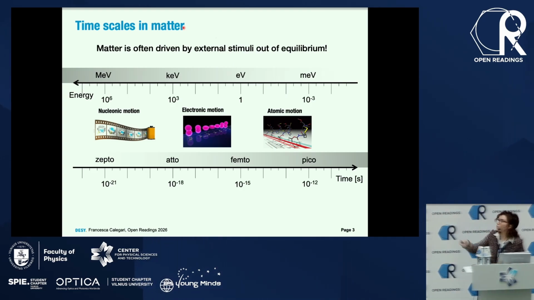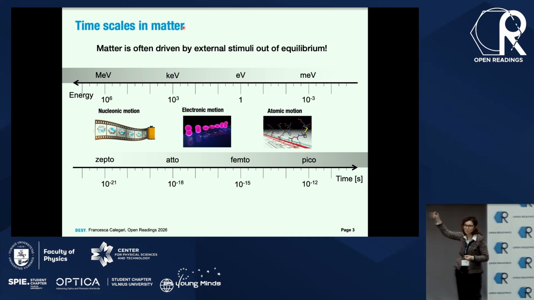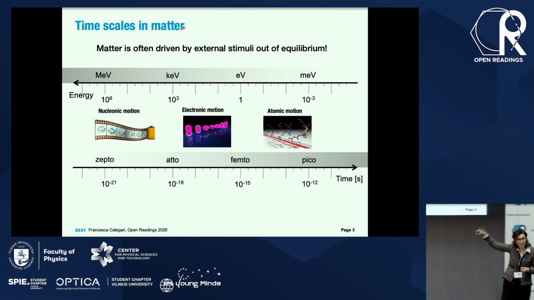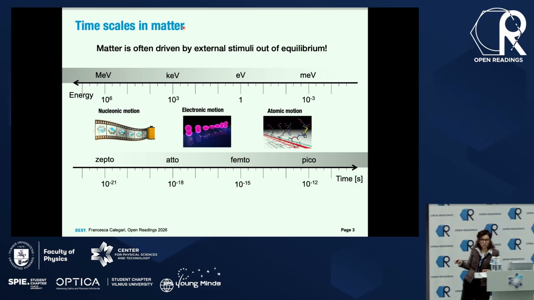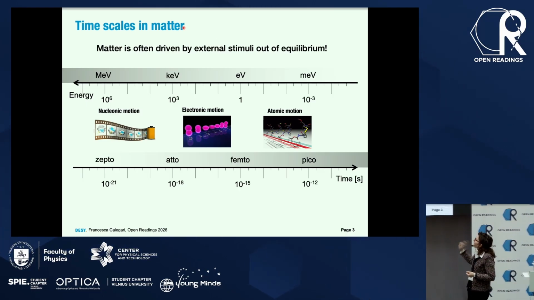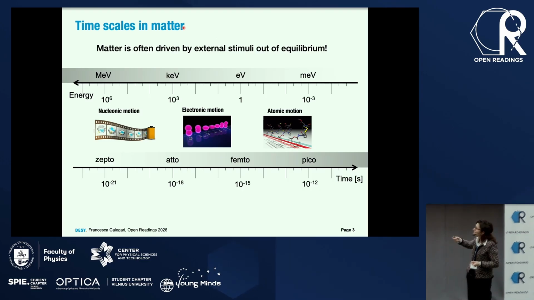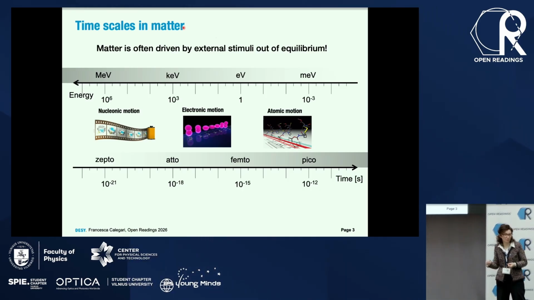So, of course, if you would zoom even more in matter, you go to even higher excitation. We're talking about high energy physics, nuclear physics. There you're looking more into the nucleonic motion. So if we would be able to produce in future light pulses that can access even those ultrafast dynamics down to the zeptosecond time scales, we will even look deeper in matter into the nucleonic motion.